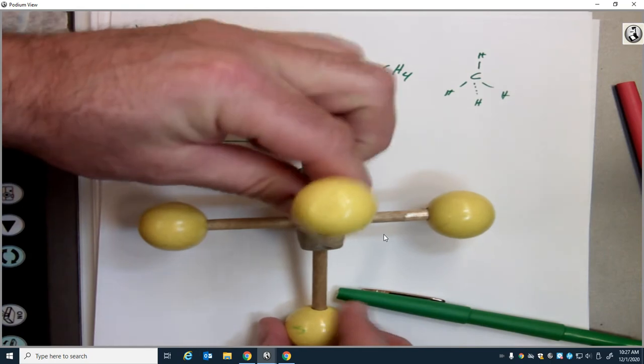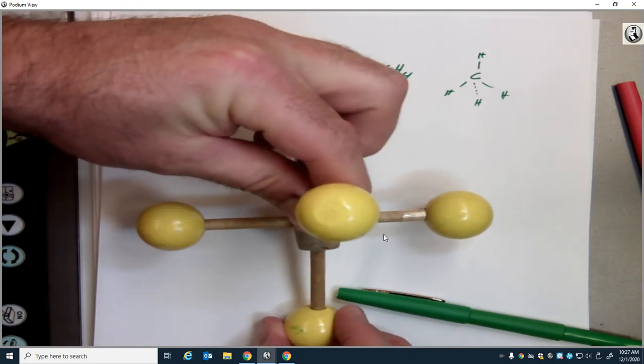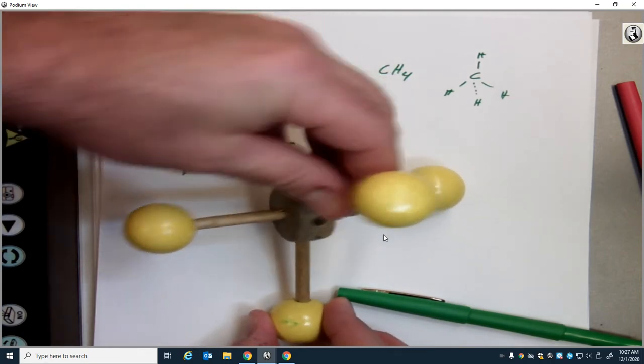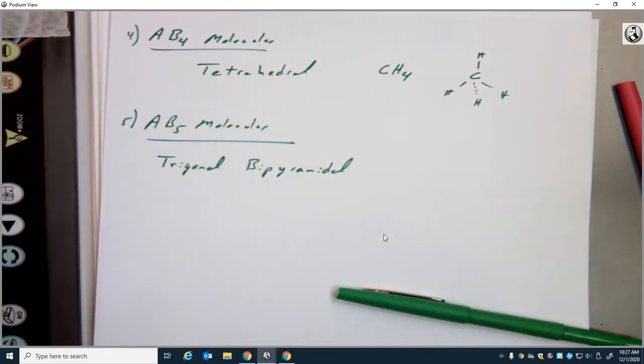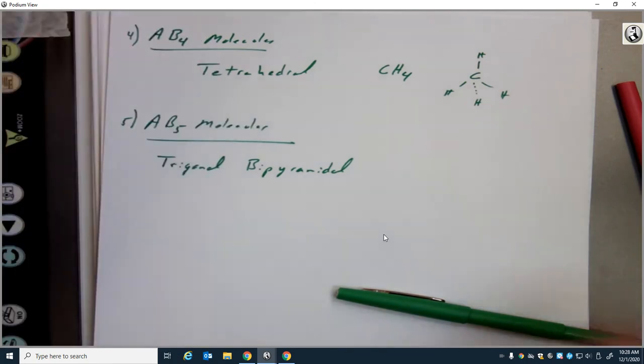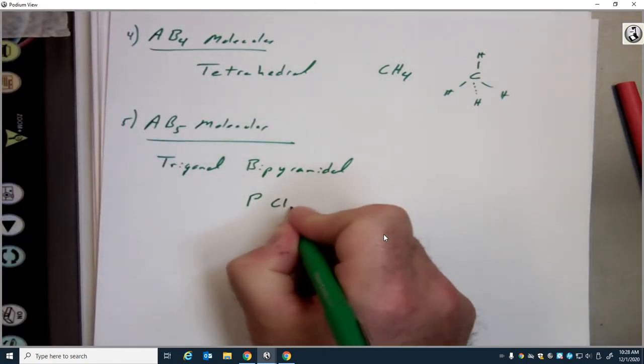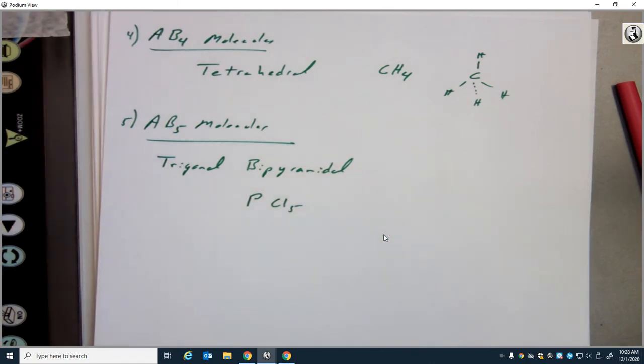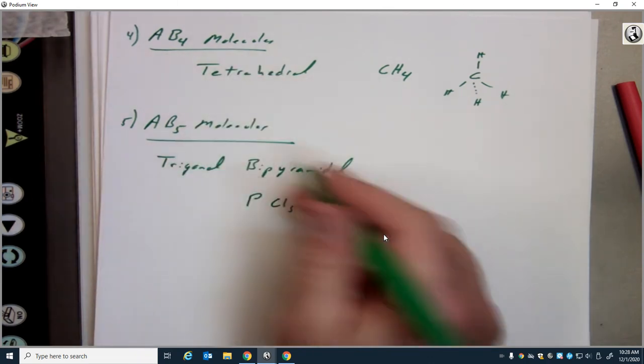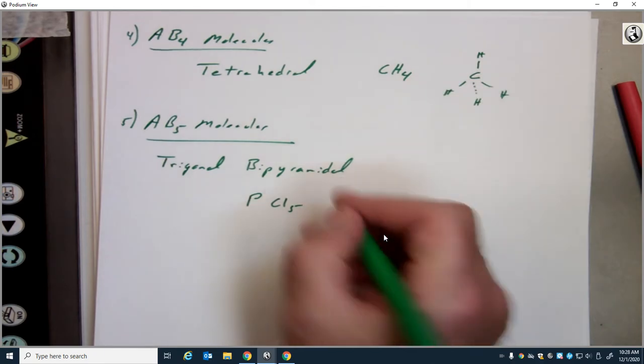It'll look something like that. And an example of this would be PCl5. Now, as soon as you get over tetrahedrals, structural formulas are hard to show shape.